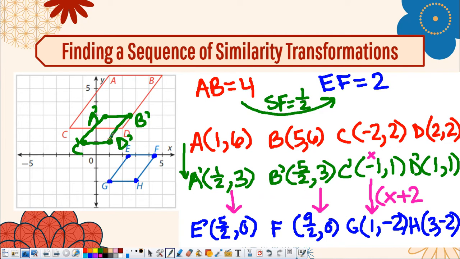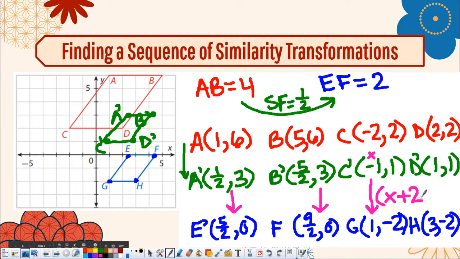Let me just do an example. If I take my whole shape and go to the right 2, so 1, 2. Does it look like it's going to eventually line up with the blue? Yes, it looks like going to the right 2 helps.